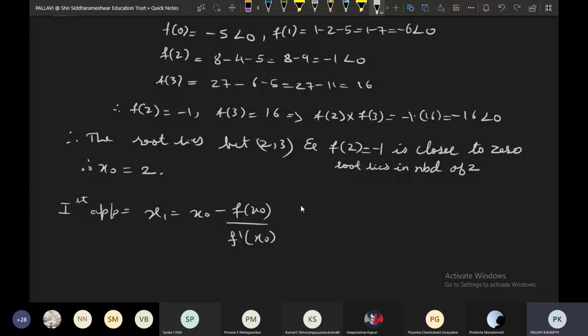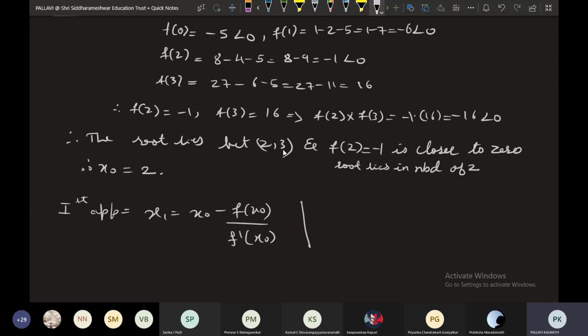Ma'am, x naught could also be taken as 3, ma'am? No. You are going to take it as 2 because the value at 2, which is minus 1, is closer to 0. This point only has to be considered as x naught and not 3.